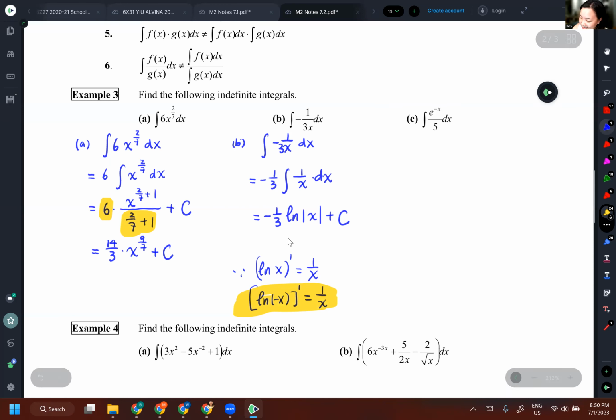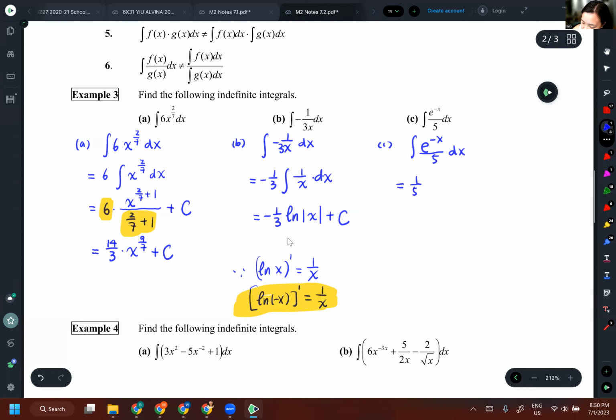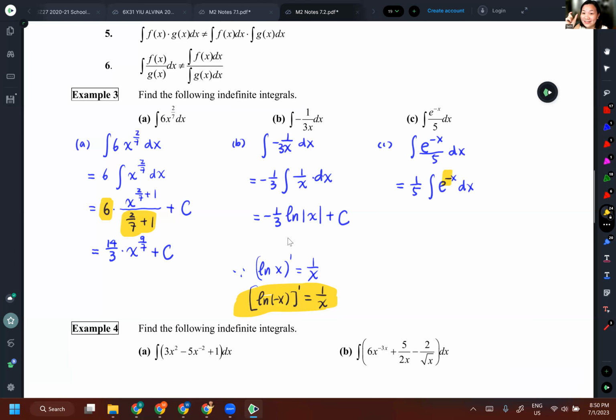Okay, part C. E to the power -x divided by 5, e^x dx. You take out 1/5. Now remember, the negative sign you cannot take out. This negative sign is not a coefficient you can take out.